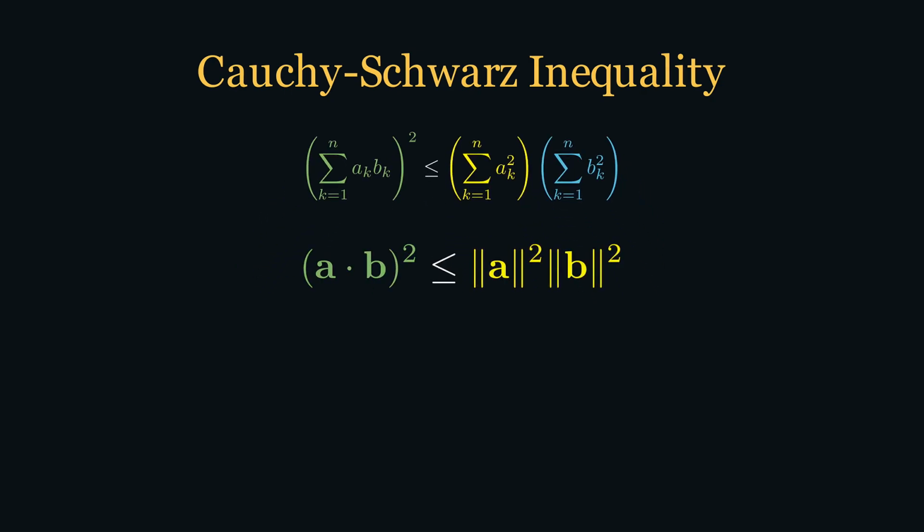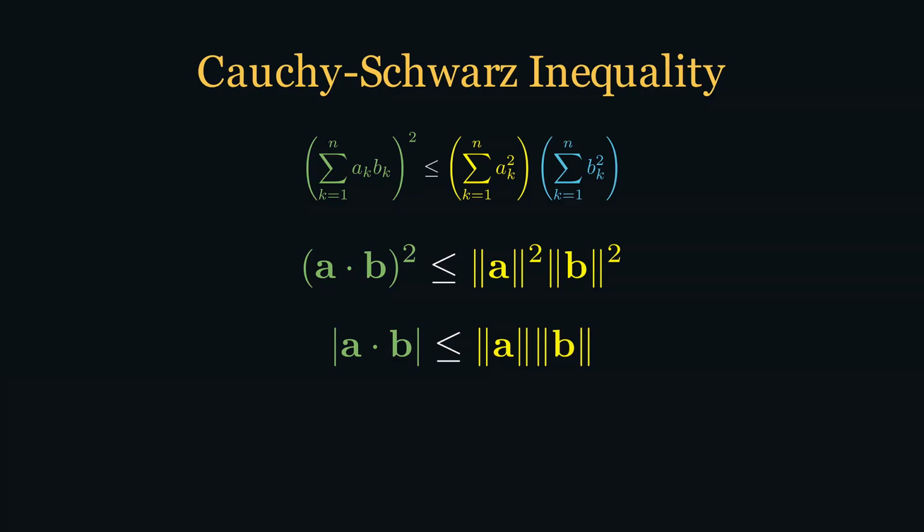In vector language, this becomes the dot product squared is at most the product of the squared lengths. The quantity A dot B squared is less than or equal to the norm of A squared times the norm of B squared.